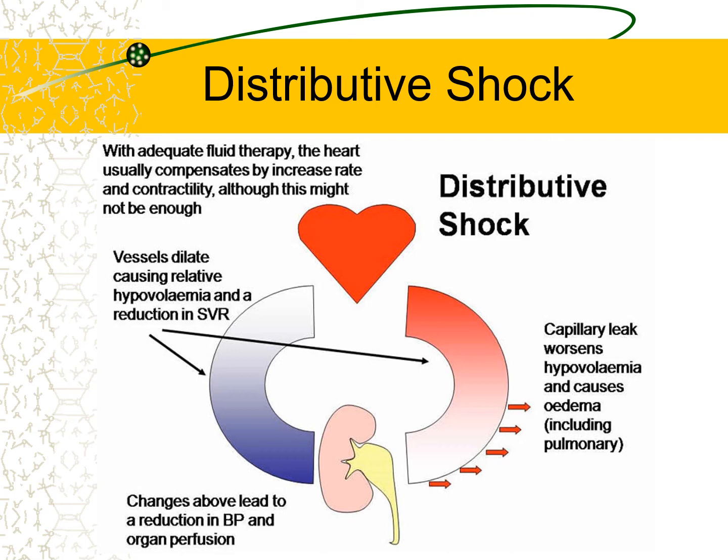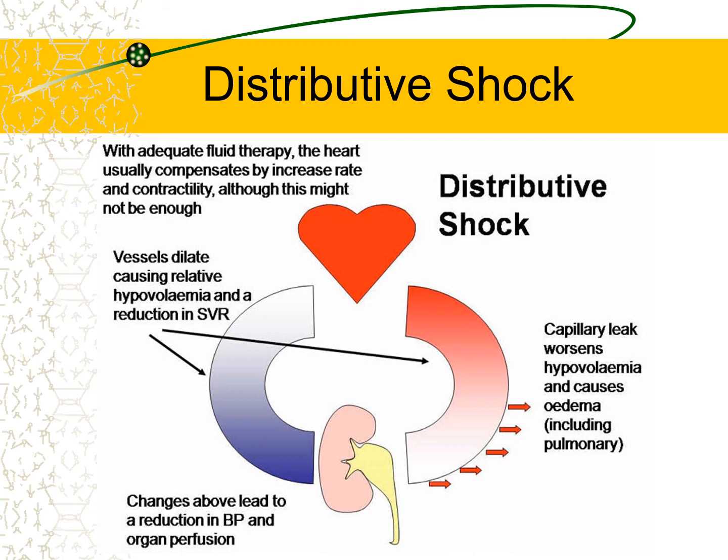And in addition to this widespread vasodilation, we have a reduction in systemic vascular resistance. Now, we just explained that concept earlier. Anytime the vessels dilate, we decrease systemic vascular resistance. Okay, there's lower blood pressure. There's a relative hypovolemia. There's a reduction in systemic vascular resistance.